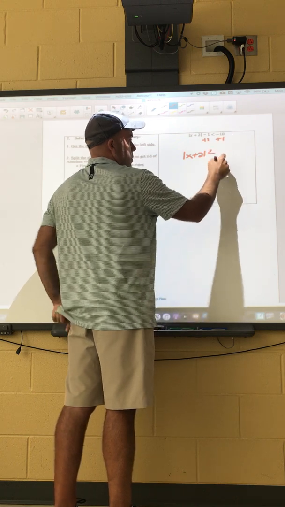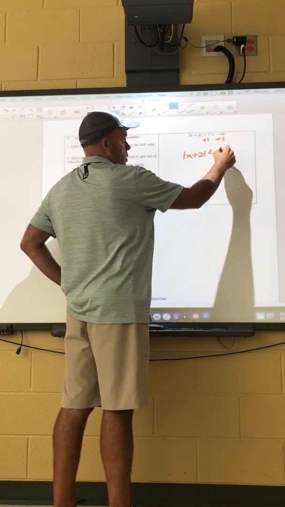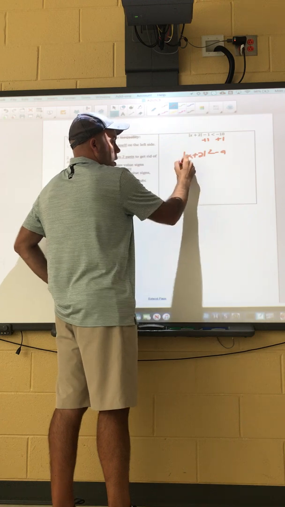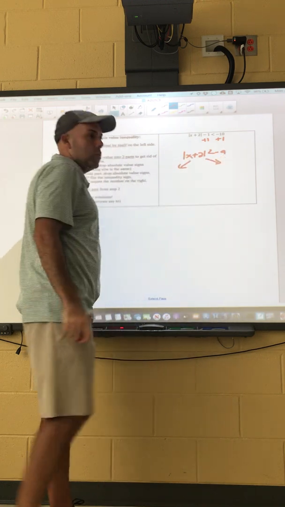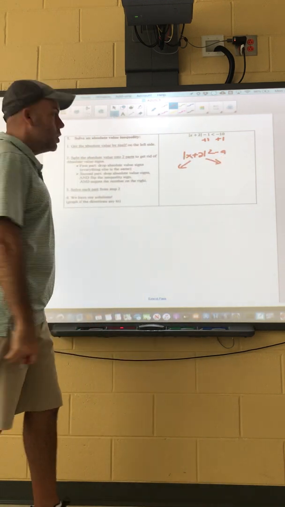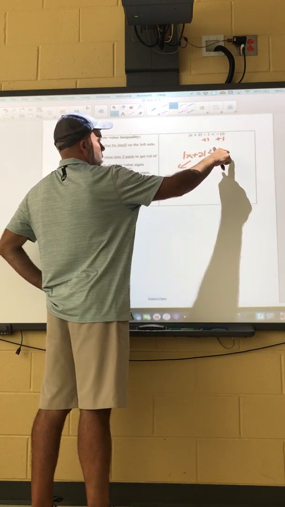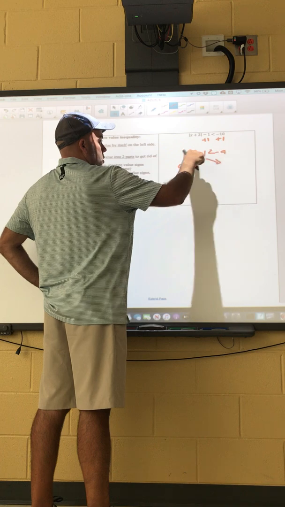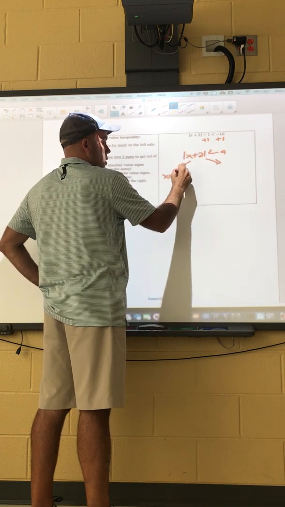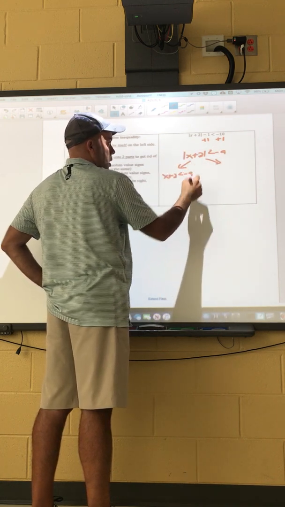So when we do that, we're going to get less than -10 plus 1 is -9. And now we're going to split into the two inequalities. Okay? So we're going to get the absolute value x plus 2 is less than -9. Okay? So x plus 2 is less than -9.